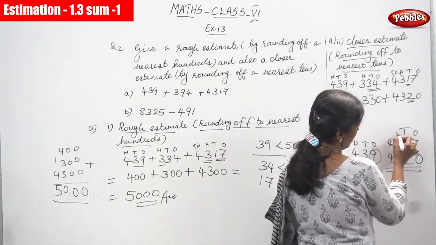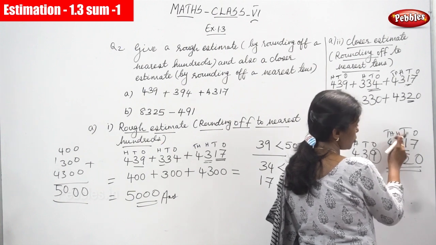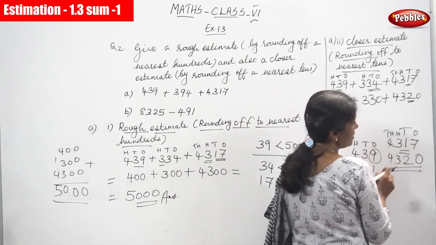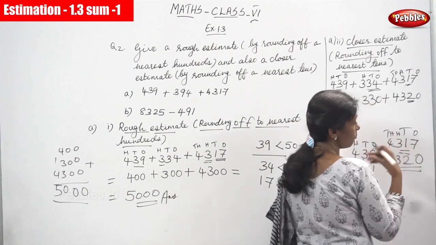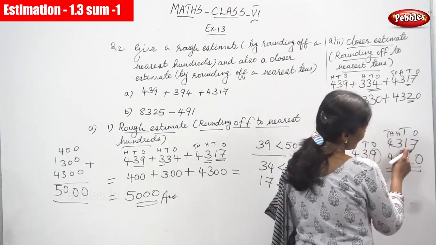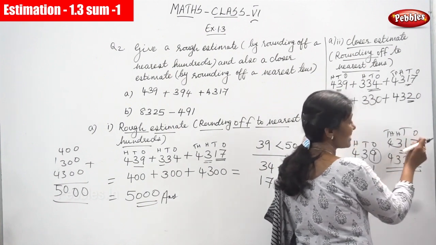I'll repeat once again. 4317: 4 is in the 1000's place and 3 in the 100's place. You should not disturb these two digits. You have to consider only the tens and ones, because you have to round off to the nearest 10. What is the number in the tens place? 1, and in the ones place? 7.